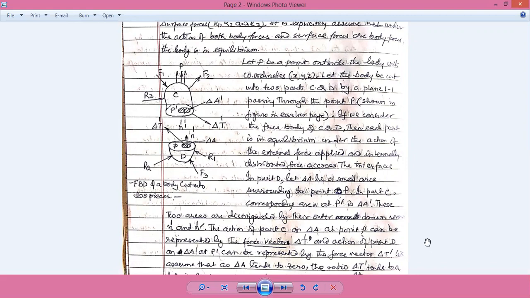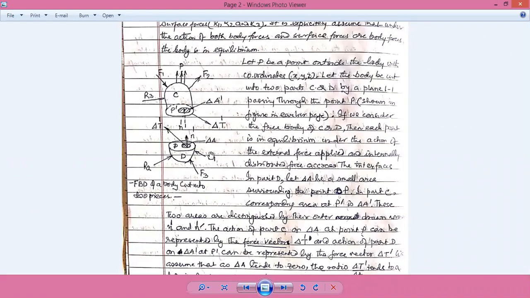These two areas are distinguished by their outer normals, n dash and n, shown as vectors.